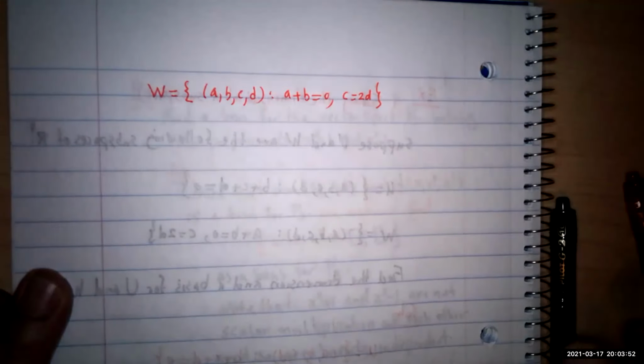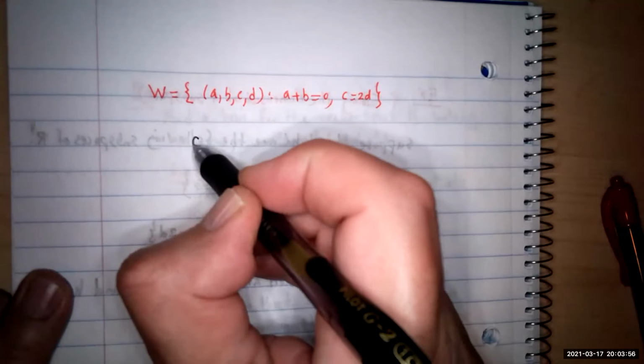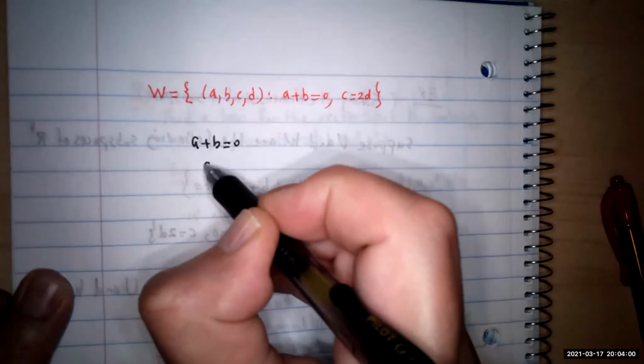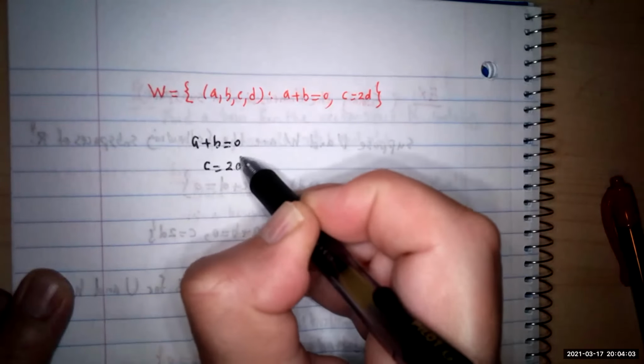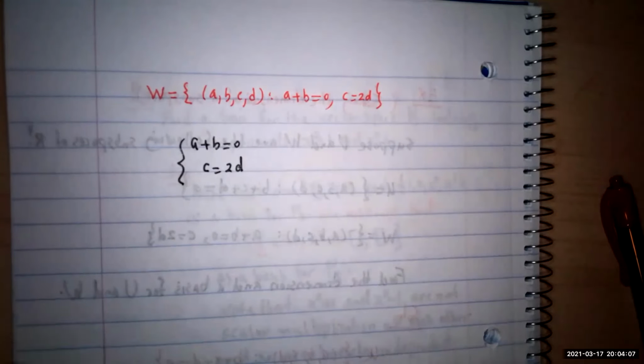As I did it for the other one, I'm not going to explain this one again. You have A plus B equal to 0, and C equal to 2D. You cannot fully solve it because you need 2 free variables, because you have 4: 1, 2, 3, 4.